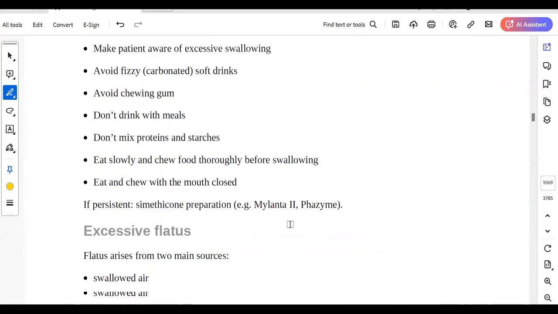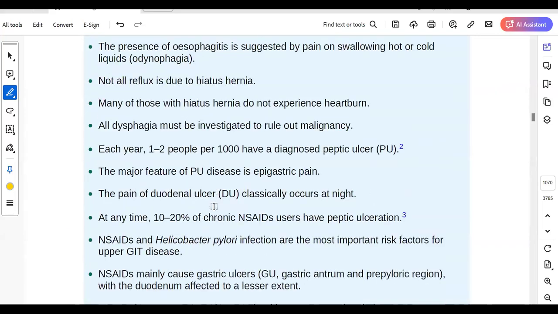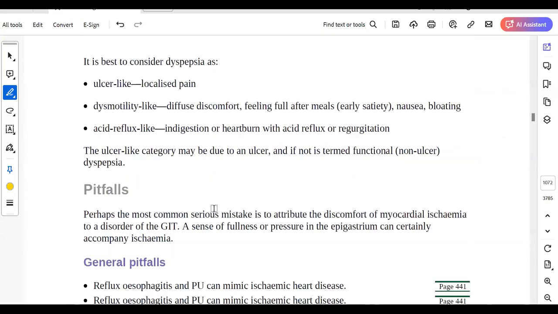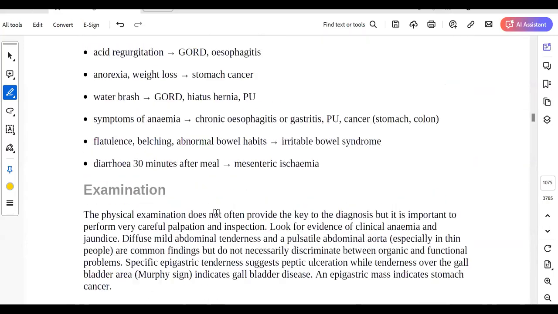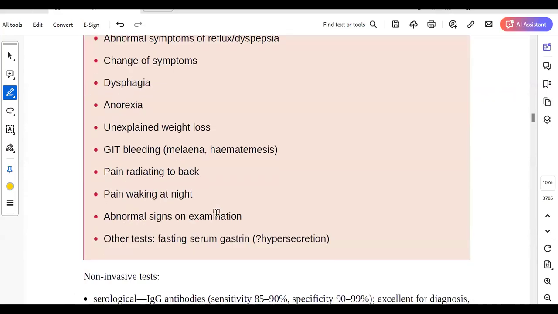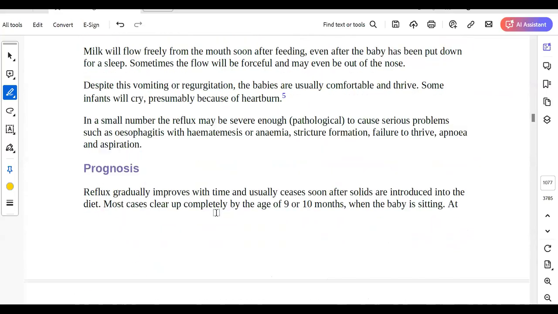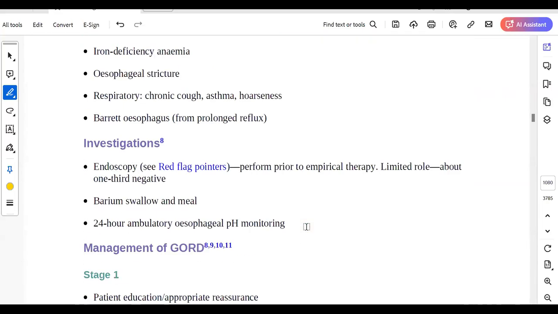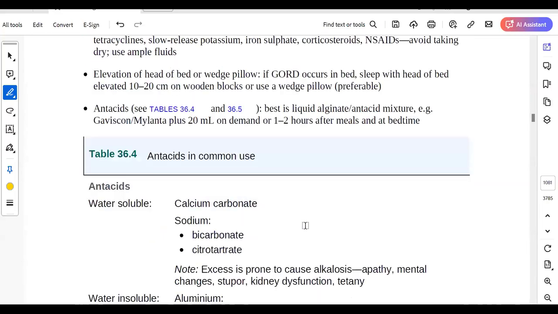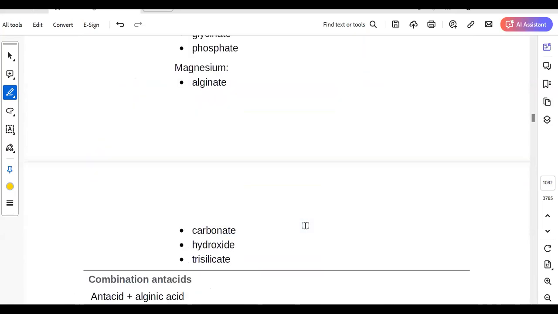We discussed a little bit about these things. You will definitely read the initial part by yourself. So we discussed gastroesophageal reflux disease, management, and everything.